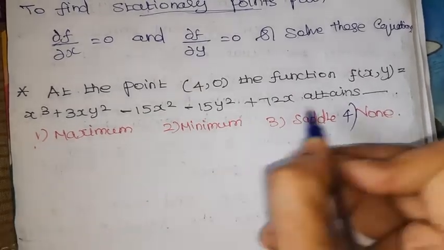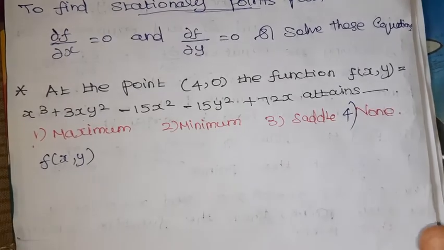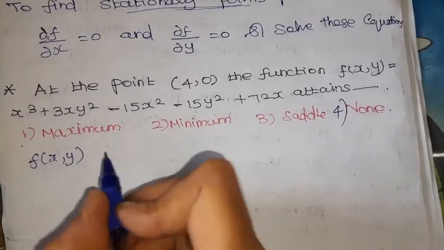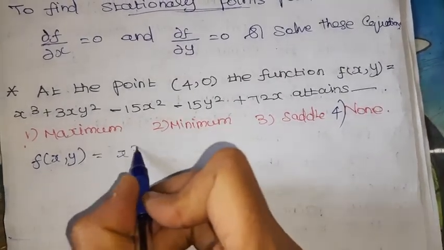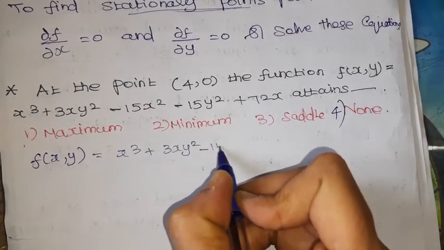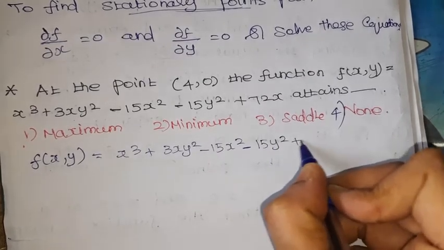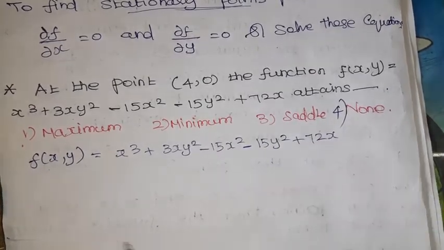We'll solve. What is the given f of x comma y? f of x comma y is equal to x cube plus 3xy squared minus 15x squared minus 15y squared plus 72x. This is the function.